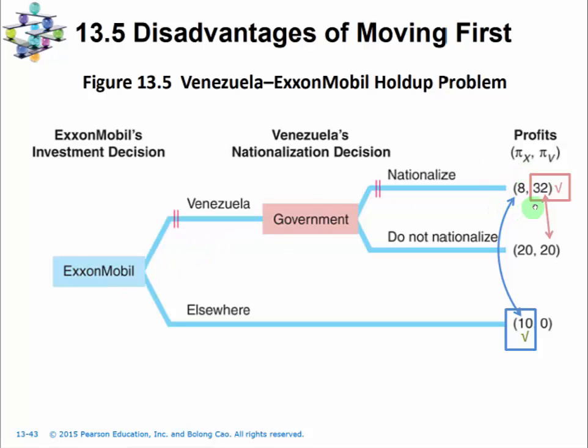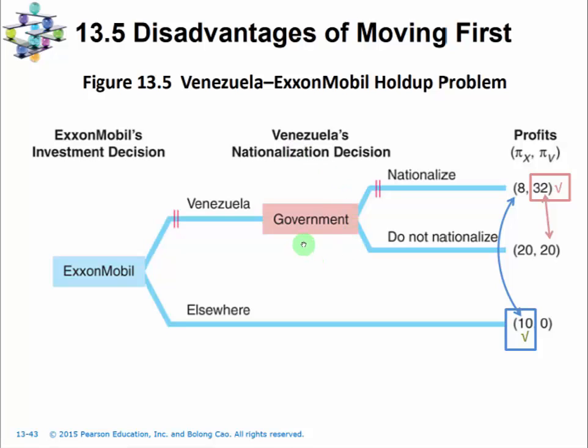If that happens, the Venezuelan government gets 32, but ExxonMobil can only make 8. And ExxonMobil can compare the 8 with 10. If it thinks the Venezuelan government will nationalize its investment, then it will just go elsewhere to invest in oil production.